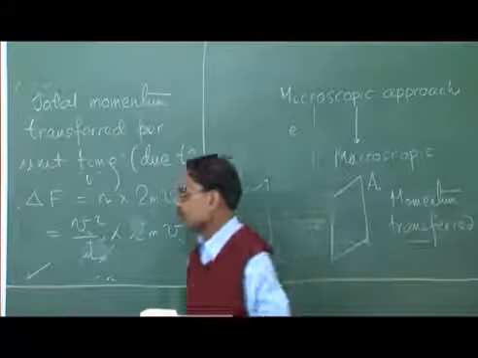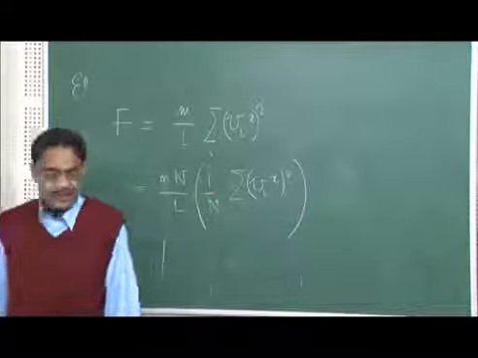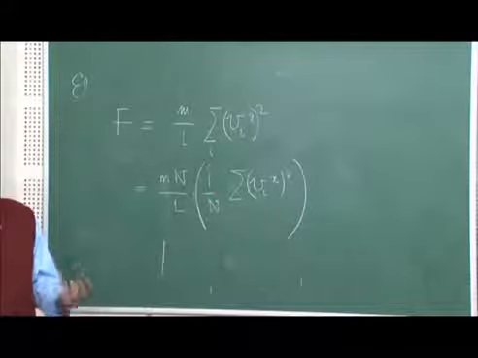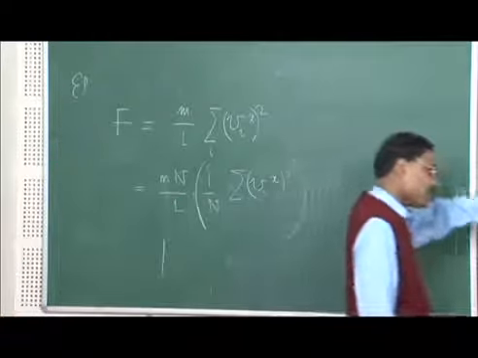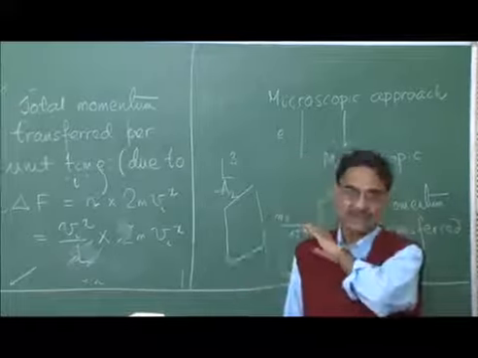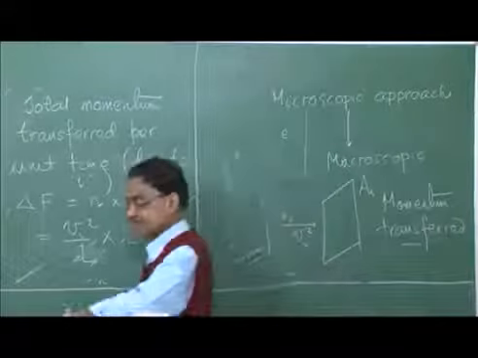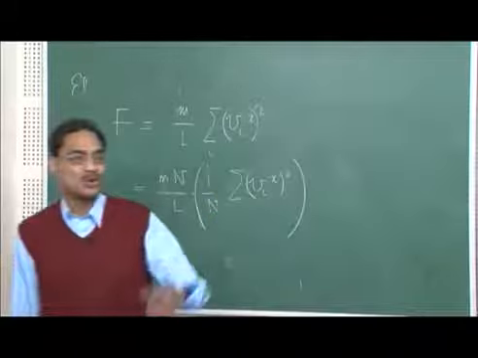I told you the velocity distribution is of this form, that the average velocity of the x component should be equal to 0, because probability is the same for any plus Vx and any minus Vx. Since plus Vx and minus Vx are equally probable, the mean value should always be 0.